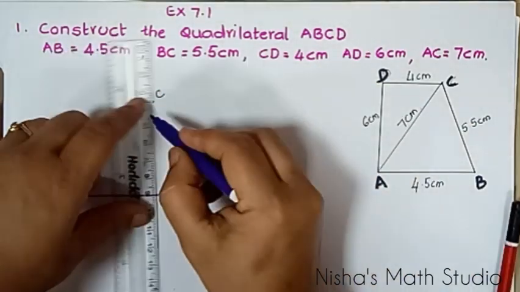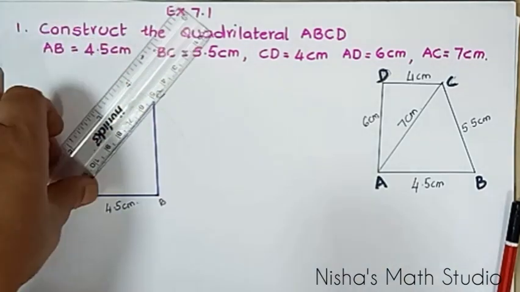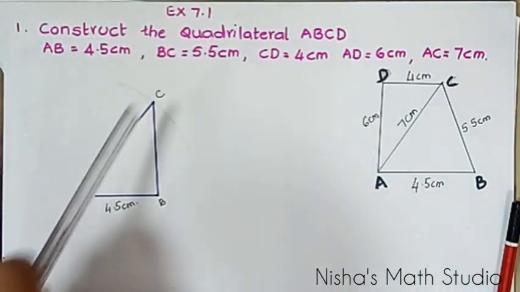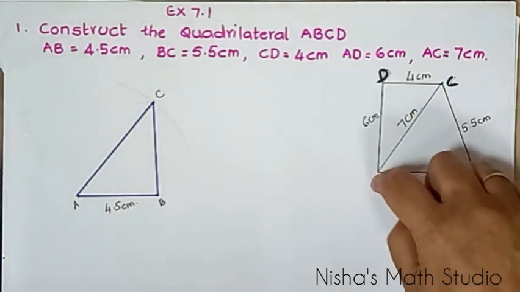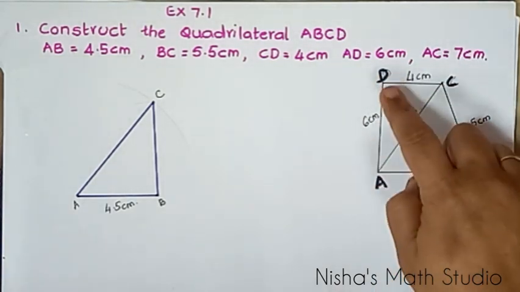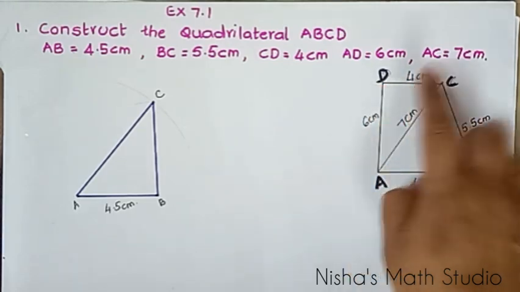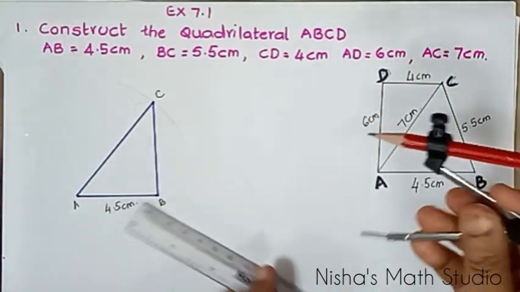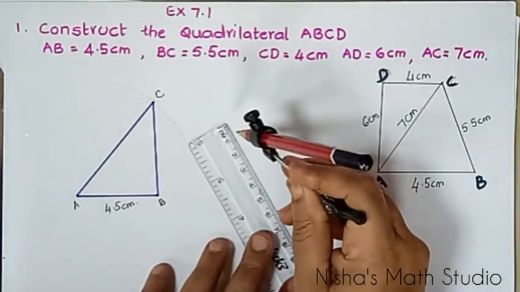Now let's join BC and AC. Half of our quadrilateral is over. Next we need to draw these two lines. What is the distance of AD? 6 centimeter. What about this distance? That is 4 centimeter. Now adjust the arc to 6 centimeter.